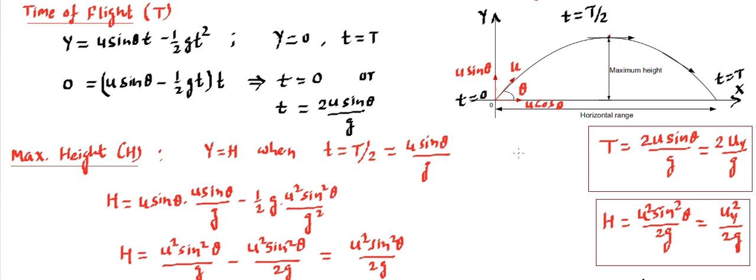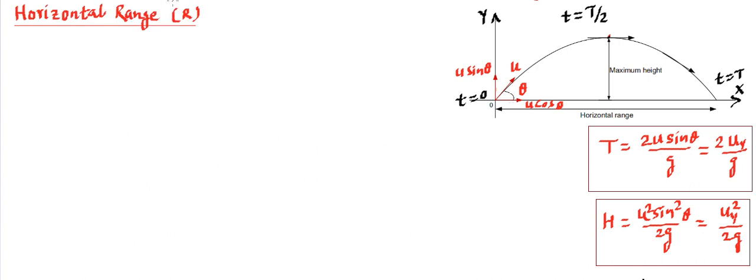Then we can think of the third important thing that's called horizontal range. You can find this horizontal range by using a method: horizontal range is basically the maximum value of the x coordinate, and we know the x expression was x equal to u cos theta, which is a constant initial velocity, into t for time.